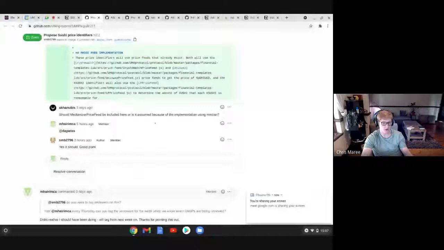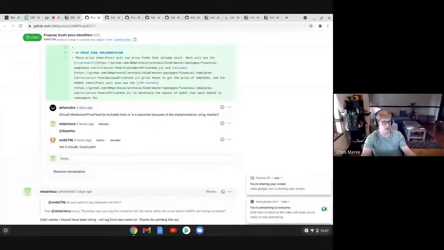I'm good. I think I should probably also define what the expression price config would look like. I think in general, if we can put the exact expression in the UMIPs, it helps a lot with recreating exactly what's going on.